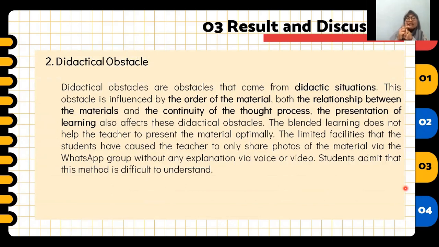The second type of learning obstacle is the didactical obstacle. What is it? Didactical obstacles are obstacles that come from didactic situations. This obstacle is influenced by the order of the material, the relationship between the materials, and the continuity of the thought process. The presentation of learning also affects this didactical obstacle.